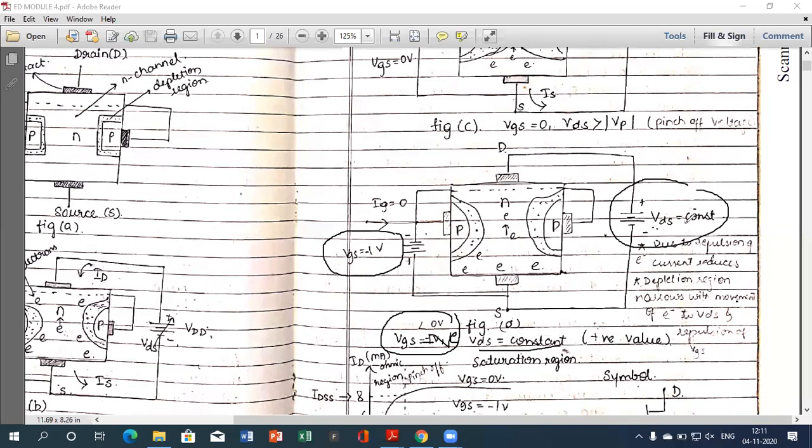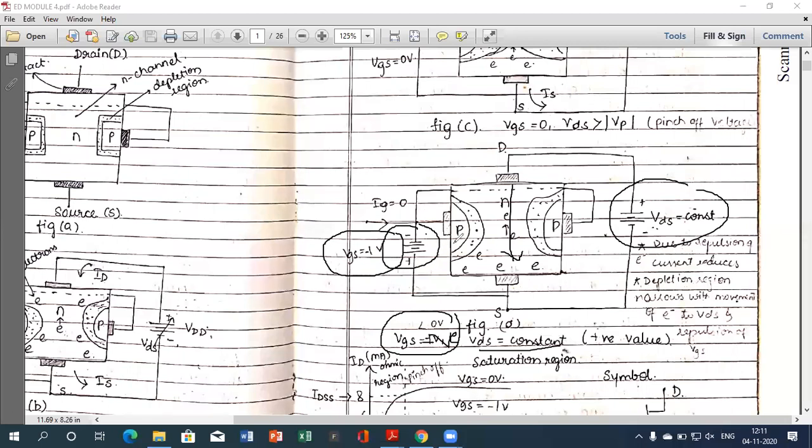When I keep the VDS constant, what happens? The positive terminal of the supply will draw the electrons and cause current flow through the channel. So this becomes the channel, and a larger number of electrons flow through the channel and cause the current. But when I make VGS less than 0 volts, what happens?